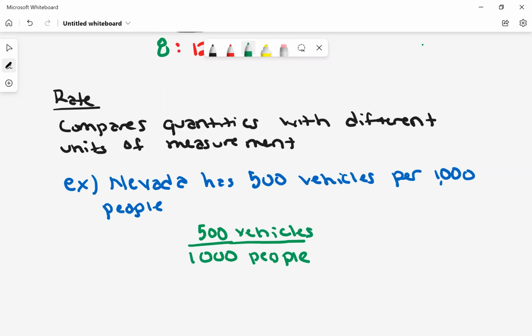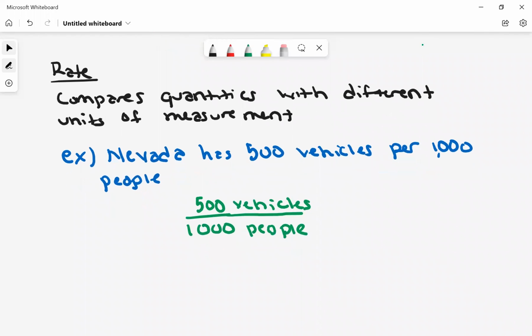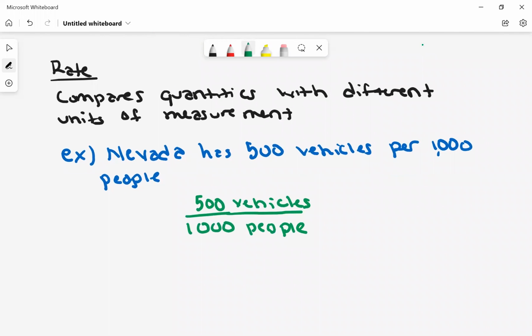But if I wanted to do it in the reverse, the reduced mode, the 1 to 2, you could say it's 1 vehicle per 2 people. Or you could say it in reverse, 2 people per 1 vehicle. That would work as well. But you do need to include the units of measurement in order for it to truly make sense.